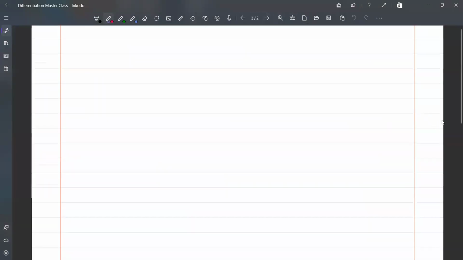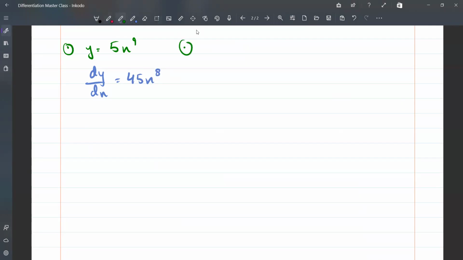Let's do a couple of examples. Let's say y is equal to 5x power 9. So dy over dx would be 5 nines are 45, and x power 8. Similarly, let's say y is equal to 12x cubed. So dy over dx would be 12 threes are 36, and x power n minus 1, which is 2.